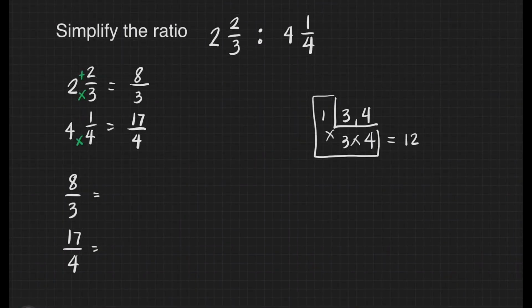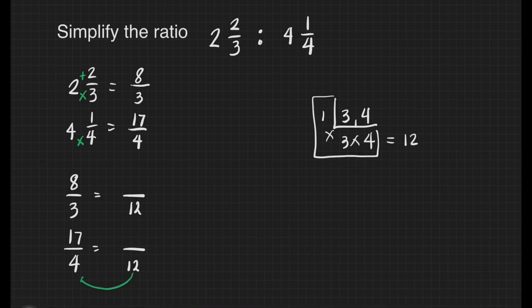Now let's copy our denominator here. That's going to be 12 and then 12. 12 divided by 4 is equal to 3 times 17. 17 times 3. 7 times 3 is equal to 21.